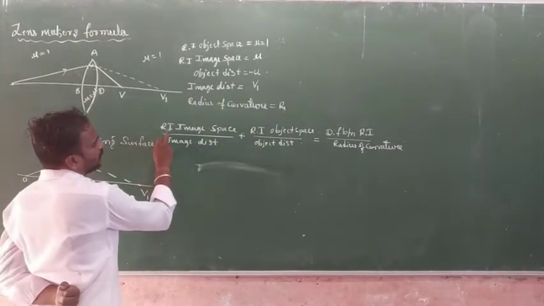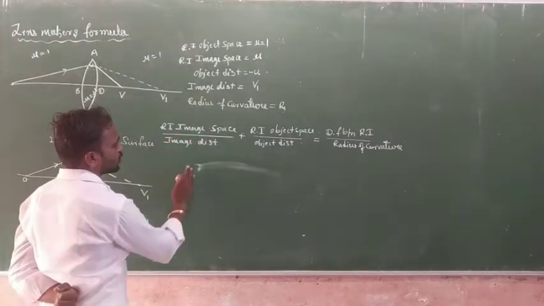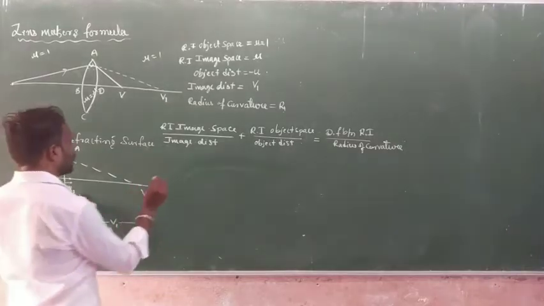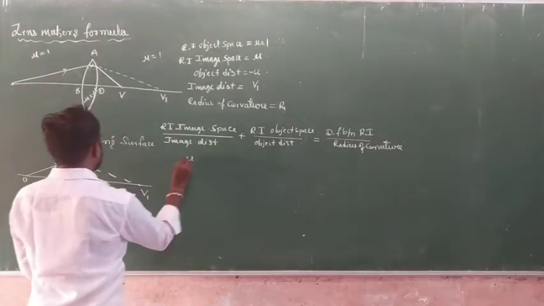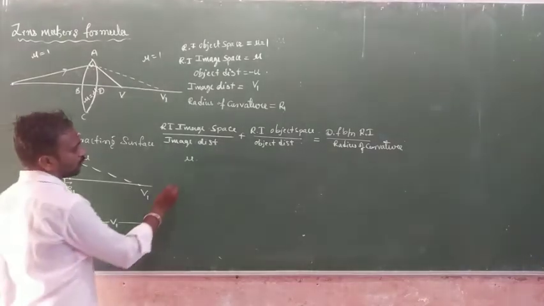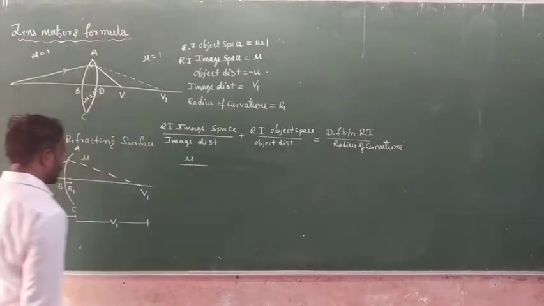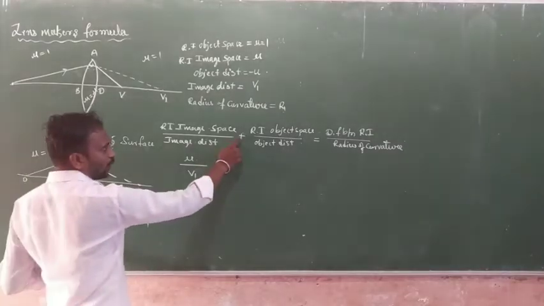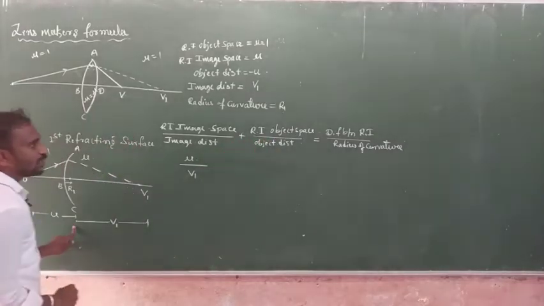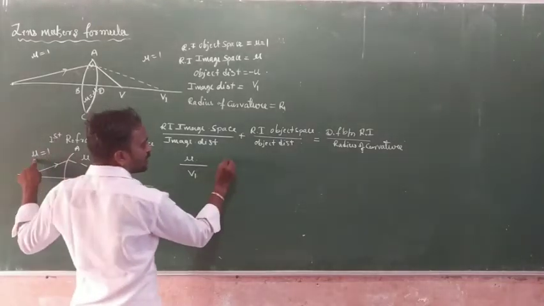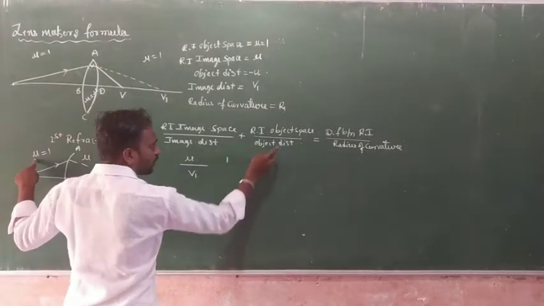The refractive index of the image space for the first surface is mu, because this is a glass medium and this is an air medium, whose refractive index is 1. So mu divided by the image distance V1, plus the refractive index of the object space, the first medium, 1 divided by the object distance.